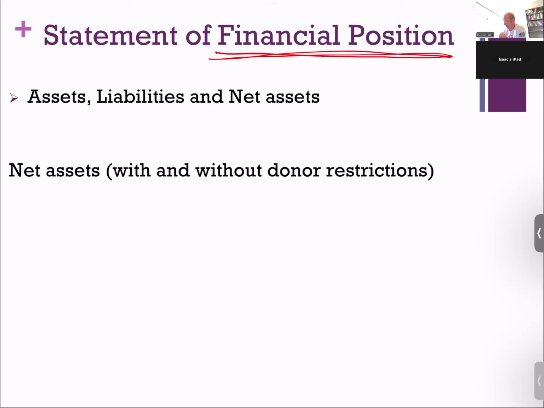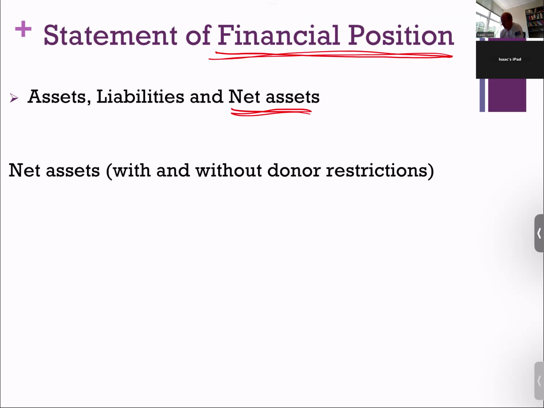One big difference though, first off, we use the term net assets. We don't use equity, right? Because we don't have ownership interests like we have in for-profit entities. So we use net assets instead of equity.